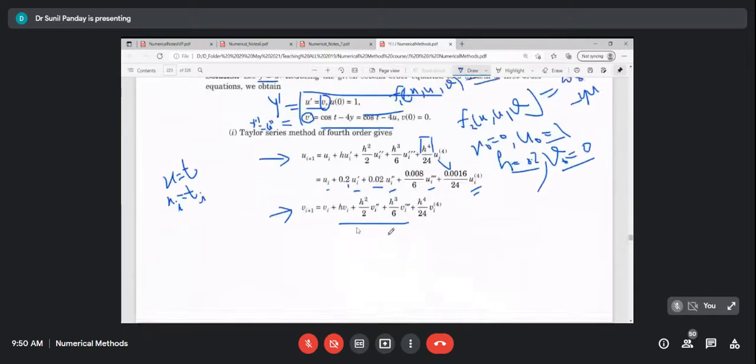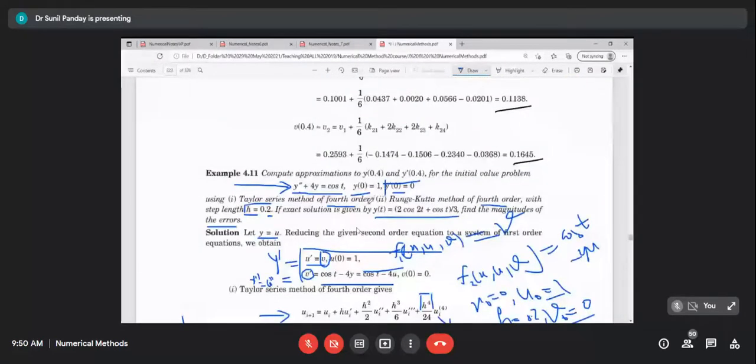In this question, the exact solution is given: 2 cos t plus 3 cos t by 3. So if I substitute t equal to 0.2 and t equal to 0.4, I will get the values of y at 0.2 and y at 0.4. And if I differentiate it one more time, like y dash of t, because here y dash is also required.